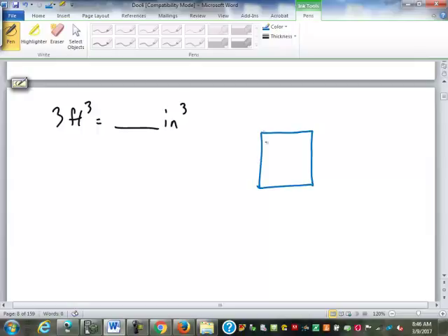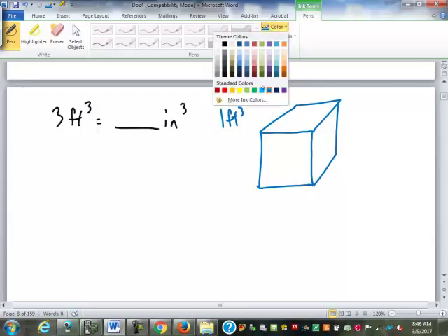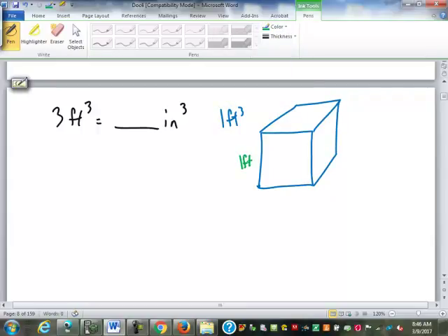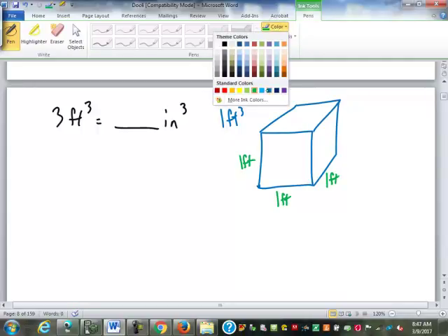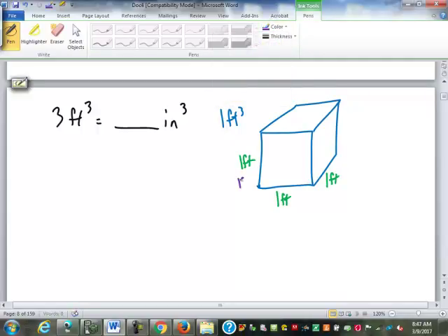So, as expected, 1 cubic foot is 1 foot by 1 foot by 1 foot, which of course is 12 inches by 12 inches by 12 inches. 1,728 cubic inches in 1 cubic foot.